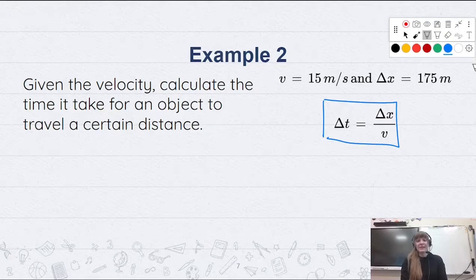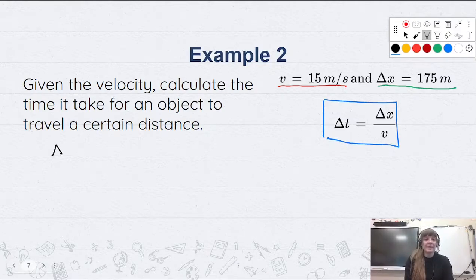Now, just as a reminder, we had already isolated our delta t in the previous example. We have been given some information. We've been given our velocity, and we have also been given our delta x. So let's plug our numbers into our formula.